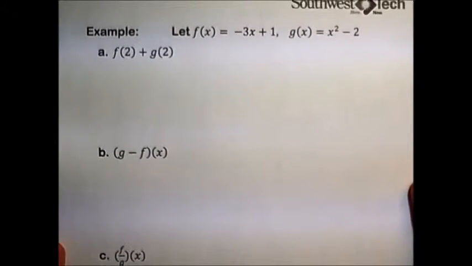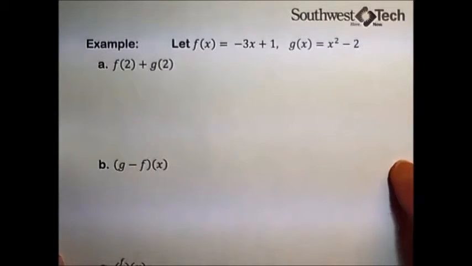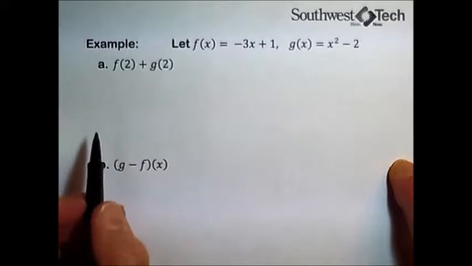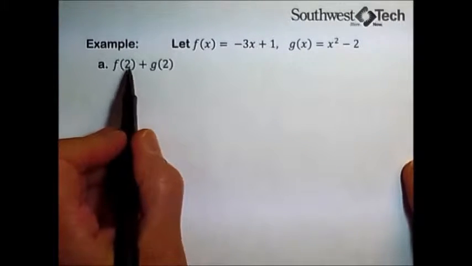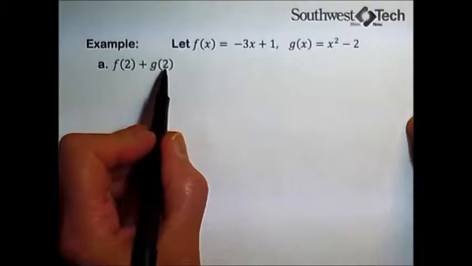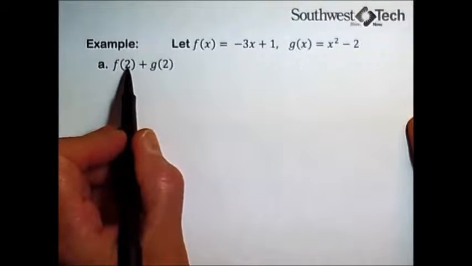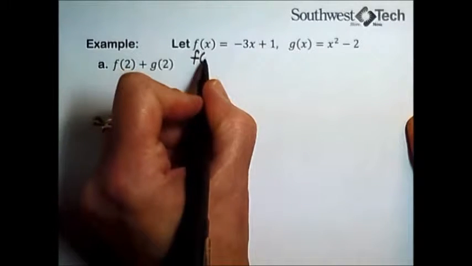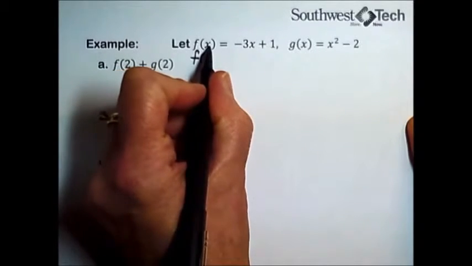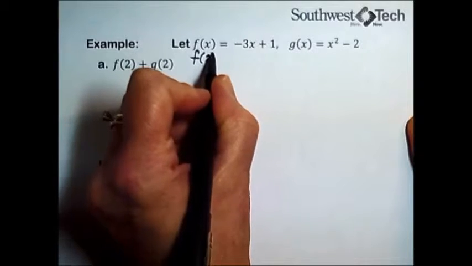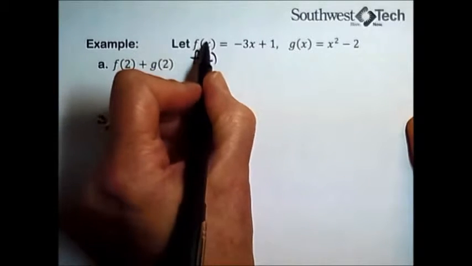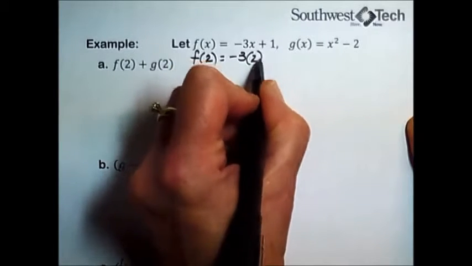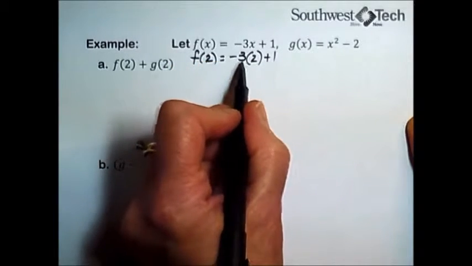In this example, we are given f of x defined with this rule and g of x, and they're asking us to add f of 2 plus g of 2. So they are evaluating the function defined by f with an input value of 2, which means wherever x is, we will put a 2 and simplify that.